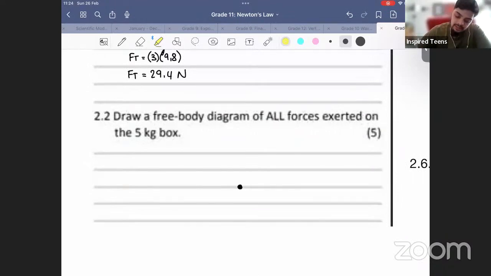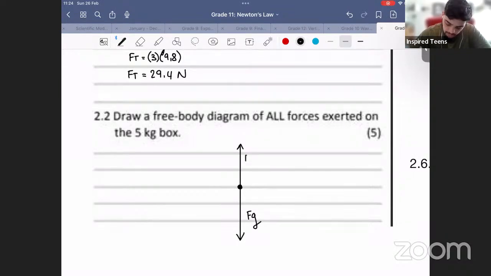Okay, so firstly, we have gravity downwards. This is a flat surface, so the normal force is straight up, perpendicular to the surface. We then have tension force.